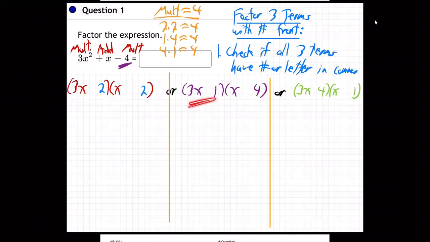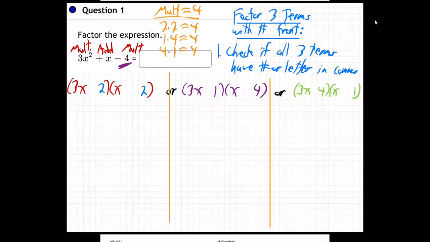Over here, the 3x and the 1 are in the same parenthesis and the plain x and the 4, whereas here, the 3x and the 4 are in the same parenthesis and the x and the 1. That's different. If the fronts were the same, then the order wouldn't matter. But if the fronts are different, then it matters where you put the 1 and where you put the 4.